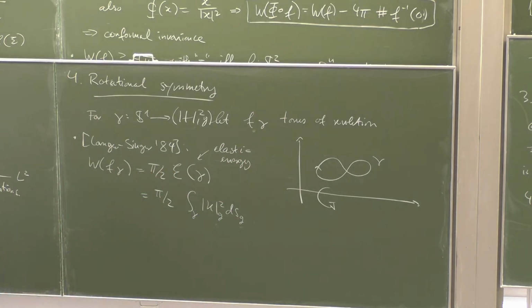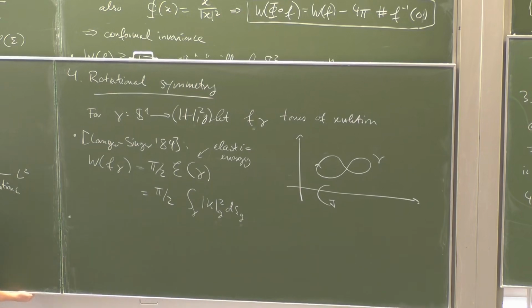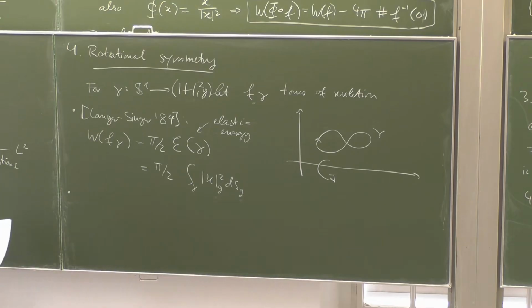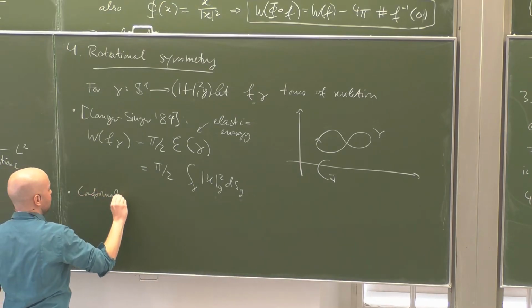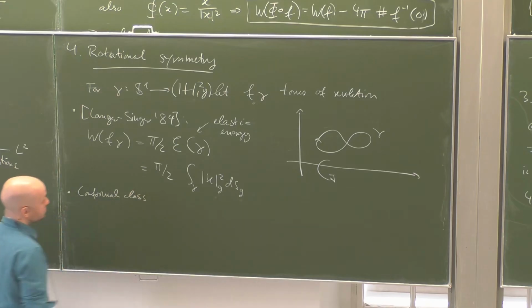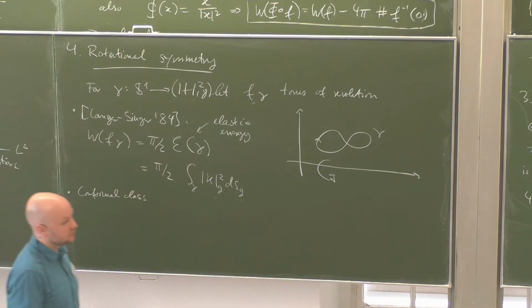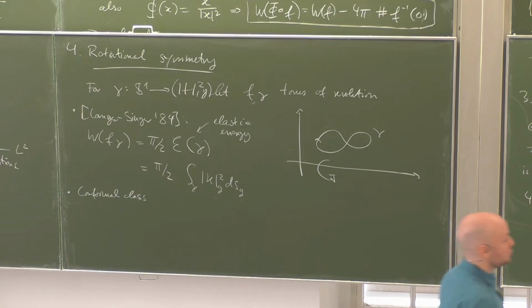And fortunately, a similar reduction by this symmetry can also be done for the constraint. Very good, otherwise it would not help that much. But the conformal class of a torus of revolution, it's well known that the conformal class for a torus of revolution is rectangular.